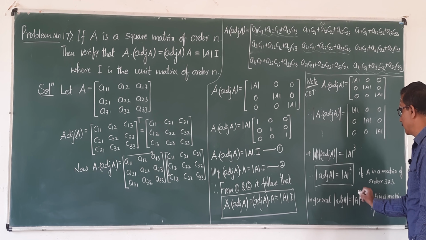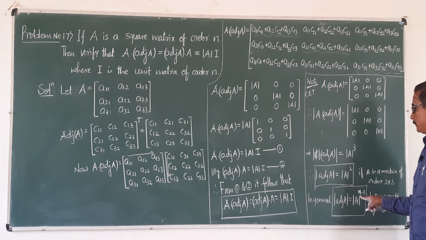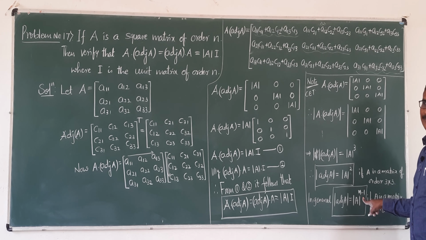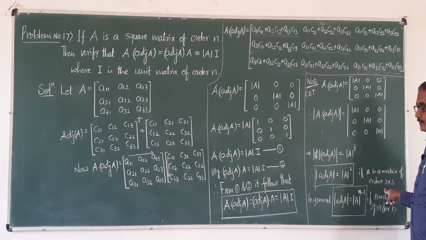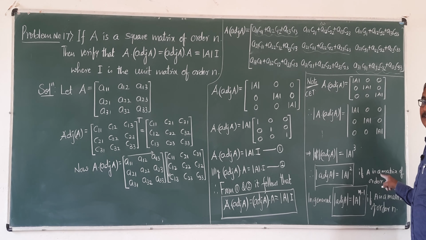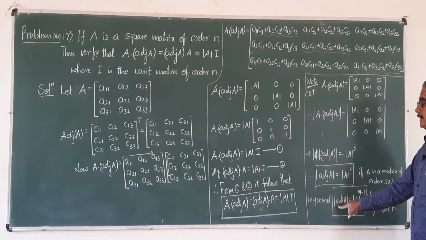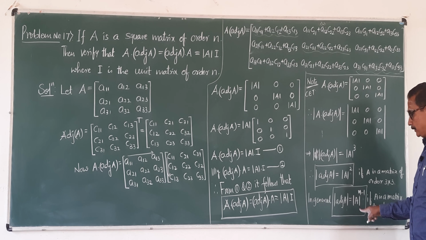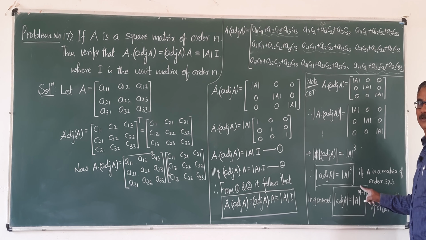When the order is n, remember the general formula: determinant of adjoint of A is equal to determinant of A to the power of n minus 1. If n is 3, put n value 3 minus 1, which is 2. If A is a matrix of order 4 cross 4, then determinant of adjoint of A is equal to determinant of A to the power of 4 minus 1, that is determinant of A to the power of 3.